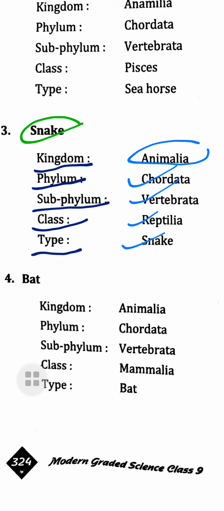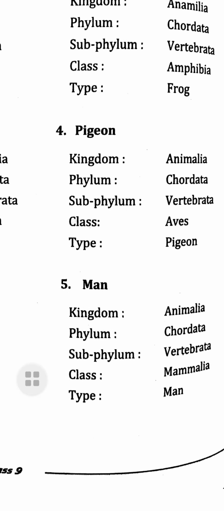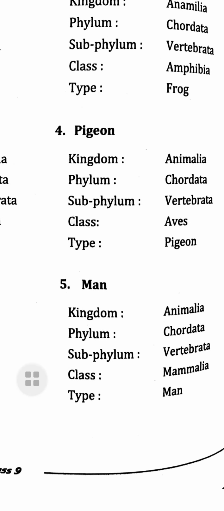Okay, so here, what is the salient feature of snake or Reptilia? They crawl on the ground. That is the characteristic. C-R-A-W-L, crawl. So let's discuss now the next animal, that is pigeon.